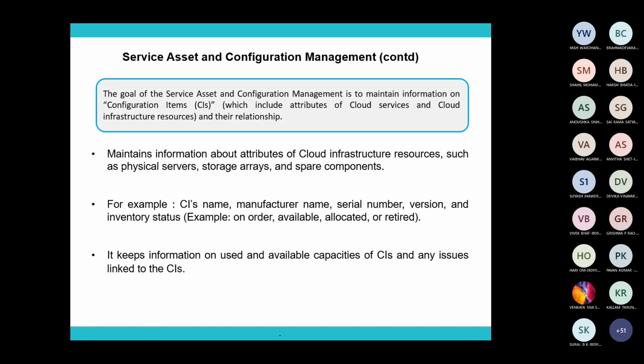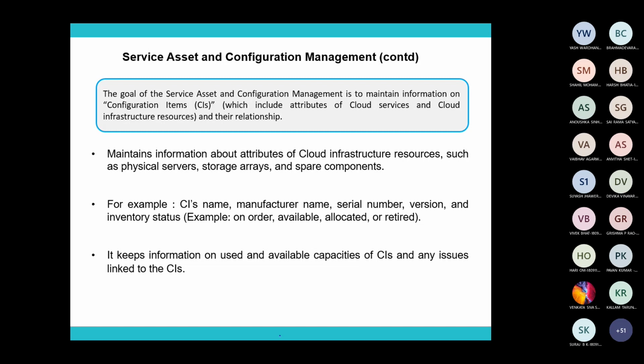What is service asset and configuration management? What exactly does it do? When you talk about cloud resources, the cloud contains maybe thousands of servers, huge storage resources, and a number of network related components.